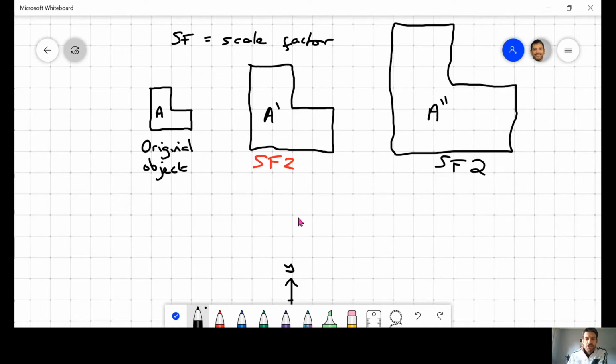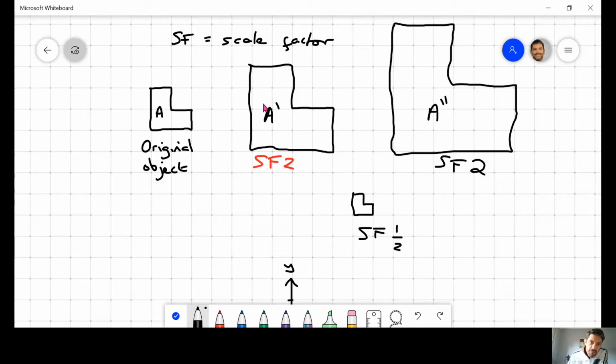But as much as the description doesn't suggest, you can also do smaller scale factors. So we can do a scale factor of a half, scale factor 0.5. I don't really have squares small enough, but you get the picture.